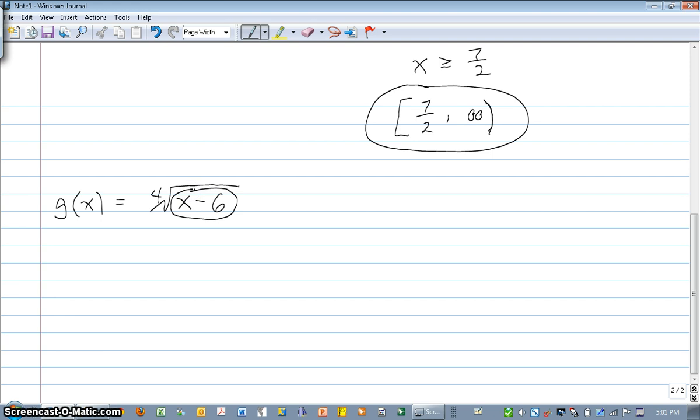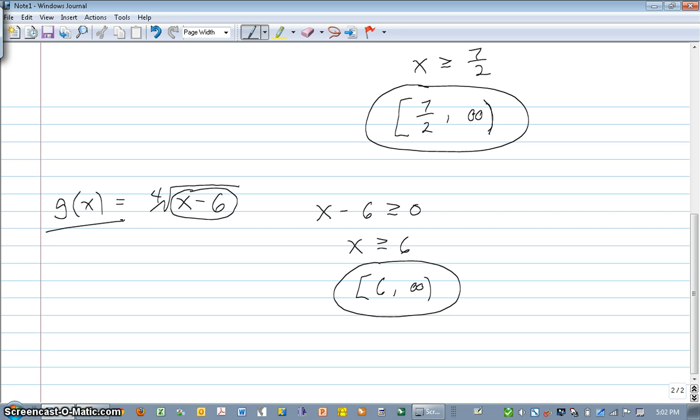So 8th root, 10th root, 12th root, so on and so forth. So to find the domain of this function, we would simply say we know that x minus 6 must be greater than or equal to 0, and therefore all x values greater than or equal to 6. So in interval notation, 6 to infinity. That's the domain of g of x.